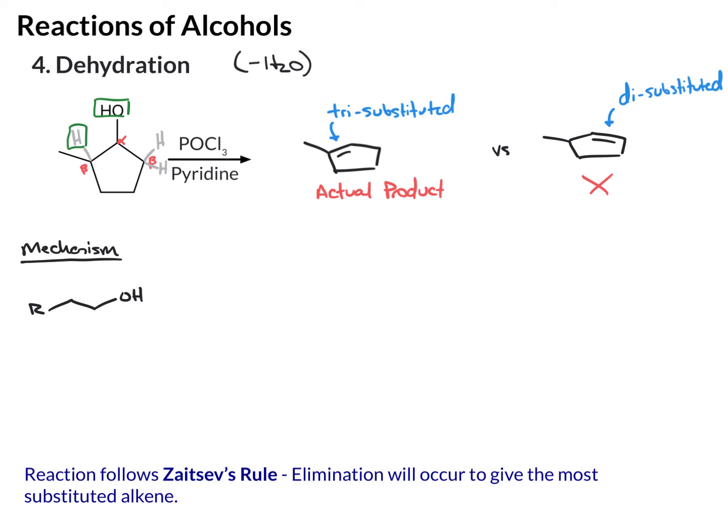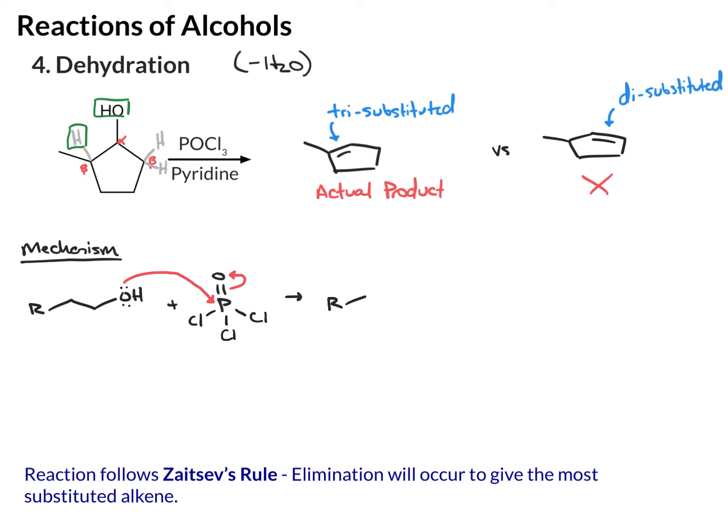So the first thing that happens is this reacts with the phosphorus oxychloride. So I'm going to use the lone pair on the oxygen and draw a curved arrow to the phosphorus and then push a pair of electrons up onto the oxygen.